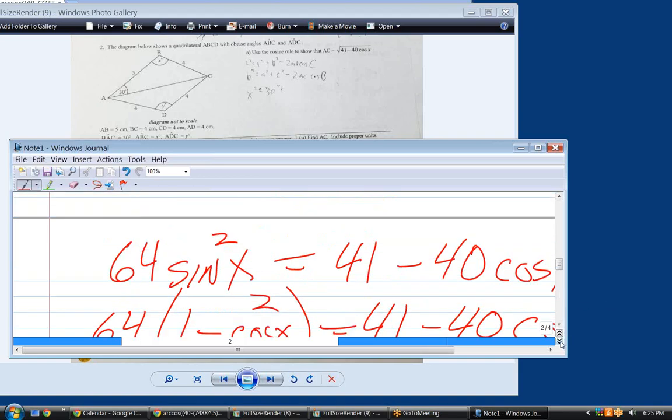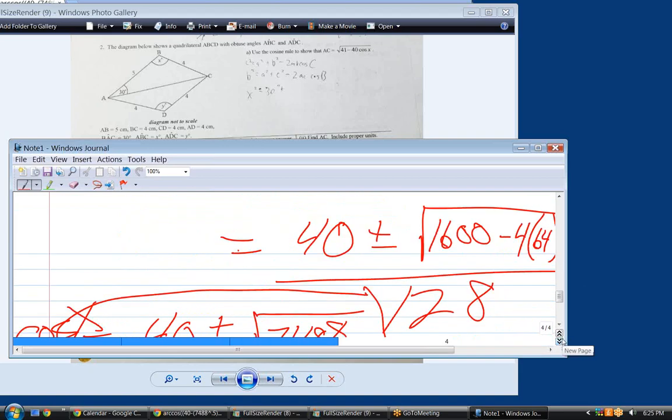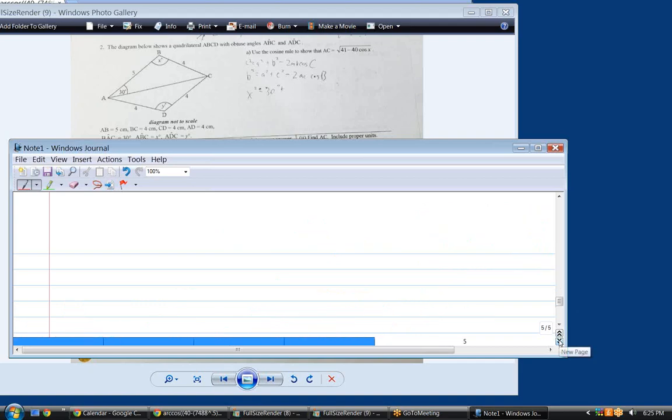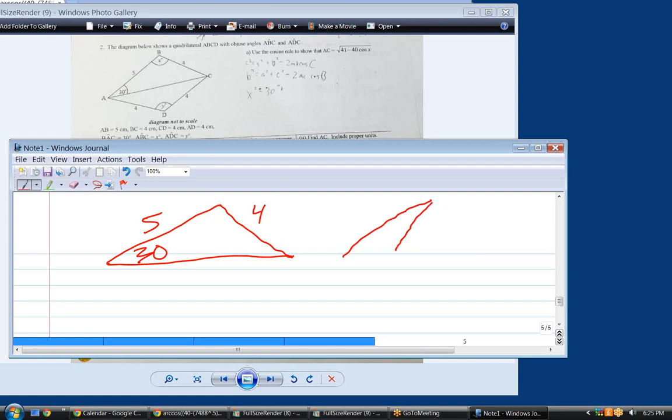Right. And the ambiguous case of the law of sines is really the only difficulty when using the law of sines. In other words, let me show you. If I draw this triangle like this, the way they've done it, where that's 30, that's 5, and that's 4, well, I can draw another triangle that still has a 30-degree angle there, still has 5, and still has 4.